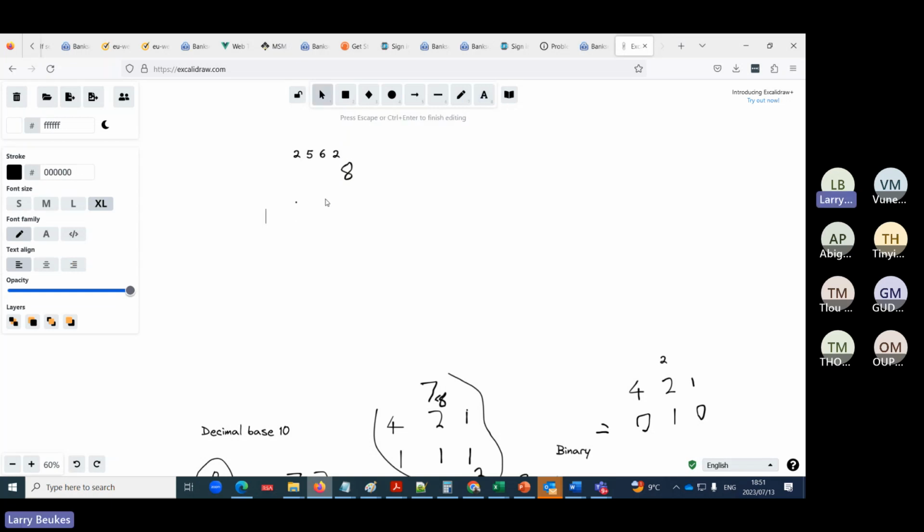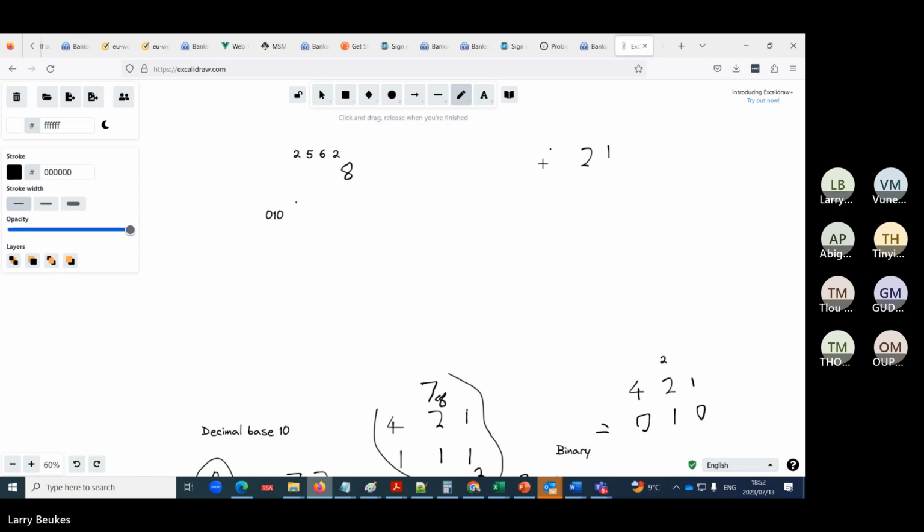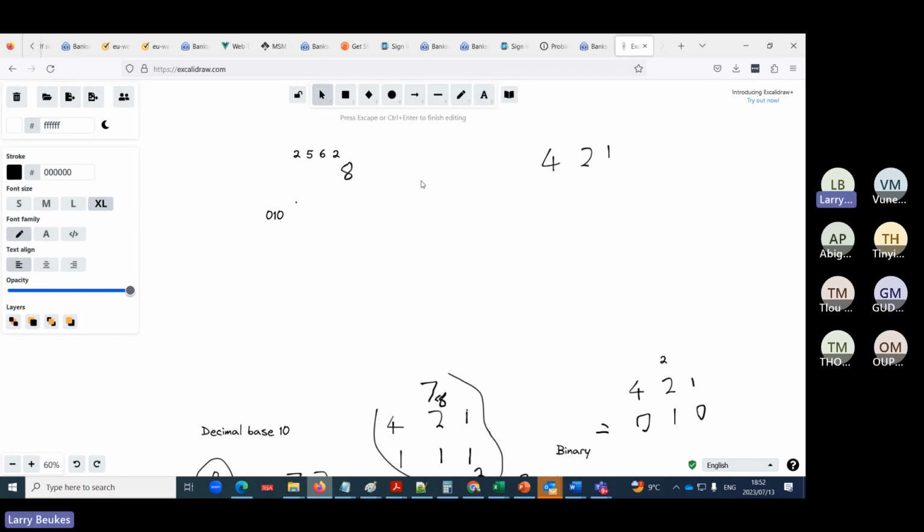So this will be 0, 1, 0. It's for the 2, right? Then the 5 is 1, 2, 4. Let me just put it here so that I can calculate from here. 1, 2, 4, right? 0, 1, 0.